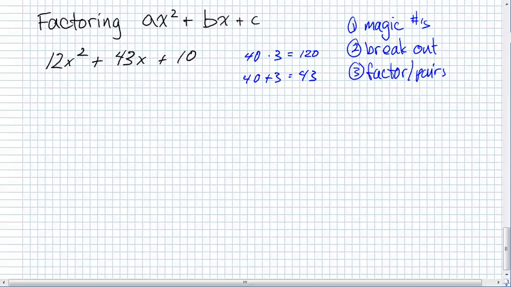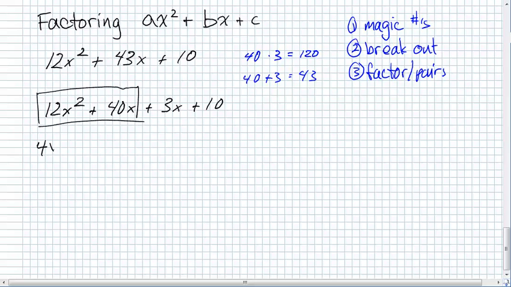Okay, and let's factor by pairs, starting with the first set right here. It looks like an x is there. What else? Looks like a 4. 4x is common to both, so I'll pull that out front. 12x squared divided by 4x is 3x. 40x divided by 4x is 10.